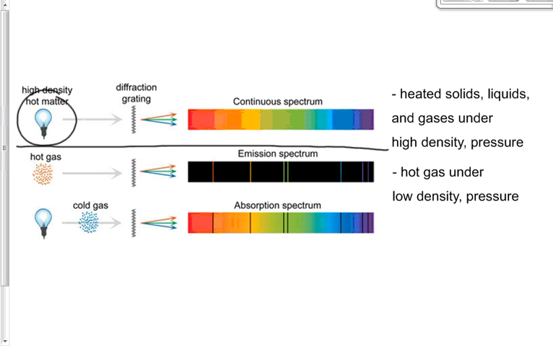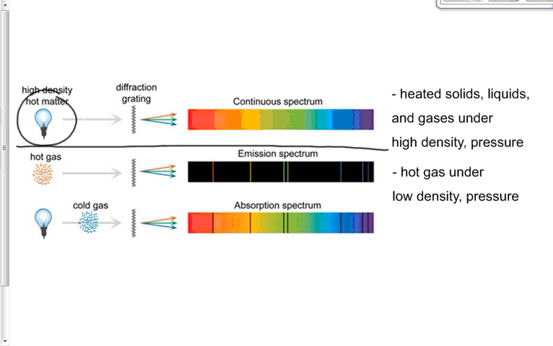And if we use a diffraction grating or prism to separate those colors of white light, then we get a continuous spectrum. We get all the colors of the rainbow kind of going from one to the other. That make sense? That's not a result of electron transitions. That's just the fundamental nature of a solid, liquid, or gas under high density or high pressure. Okay, it's the way it is.